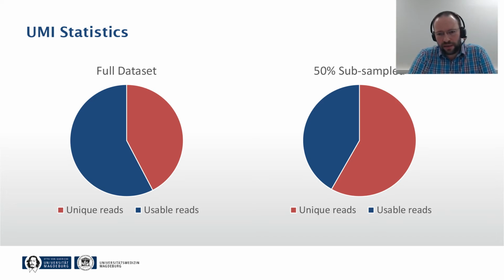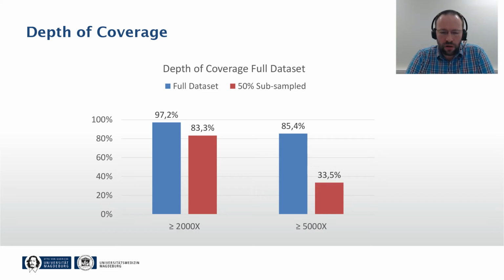Therefore, this indicates that maybe also in this approach, increasing the samples per run will not work, but we will see. Also here, the comparison of the coverage. We could slightly increase compared to approach A from 96 to 97% at the 2000x level, and from 83 to 85%. So the two approaches are nearly comparable.